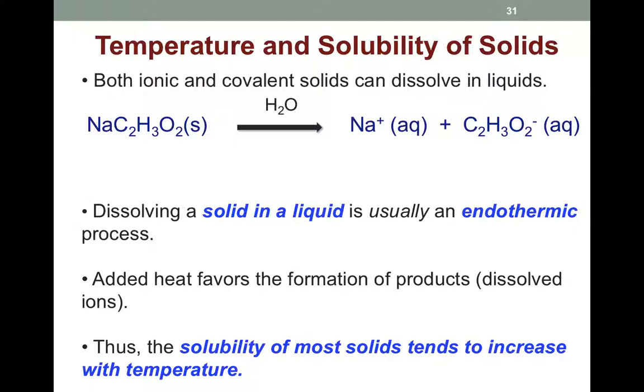It is usually endothermic, but the formation of products may give back some energy. We talked about this at the very beginning. We have to break the interactions between the sodium ions and the acetate ions, and break the interactions between water molecules, and then we get some energy back from making interactions between water and sodium ions and water and acetate ions.